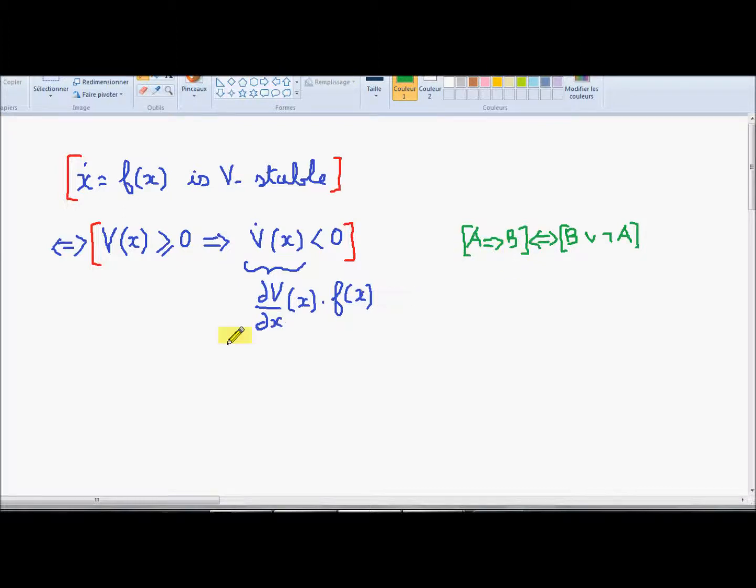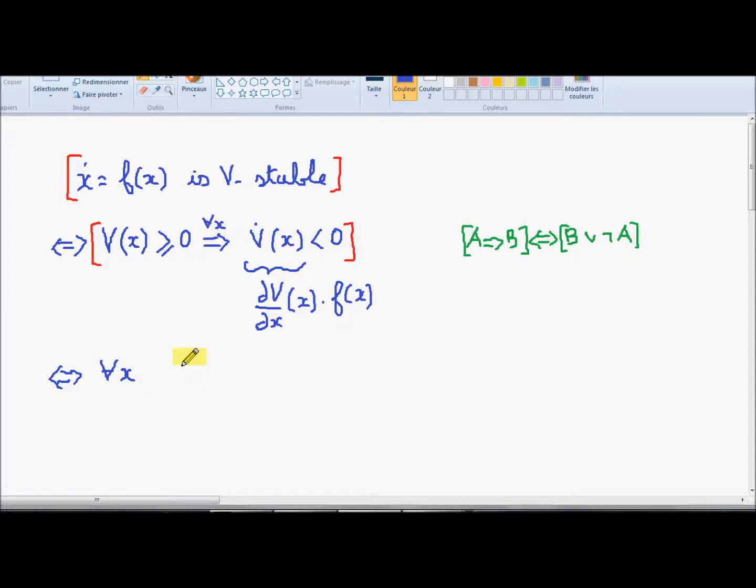What does it mean? If I apply this here, I can transform the implication as follows. It means that for all x, because when I have an implication, it means, of course, for all x.